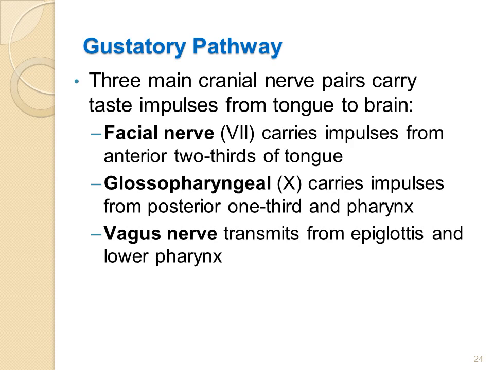The facial nerve carries impulses from the anterior two thirds of the tongue, and the glossopharyngeal carries impulses from the posterior one third and pharynx. The vagus nerve transmits from the epiglottis and lower pharynx.